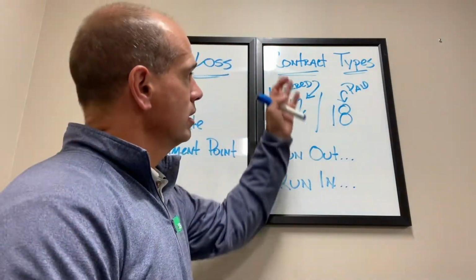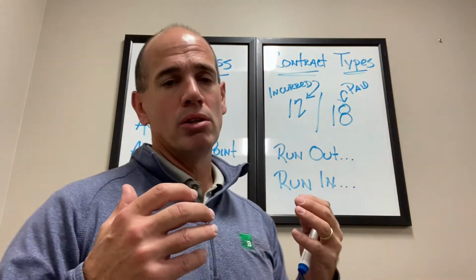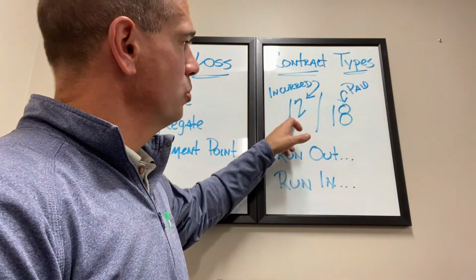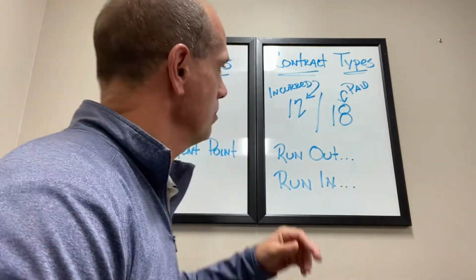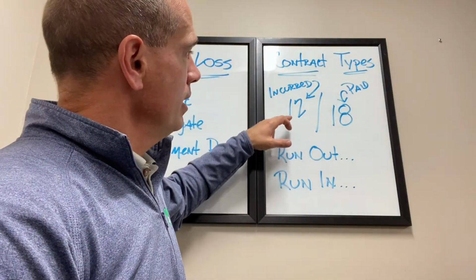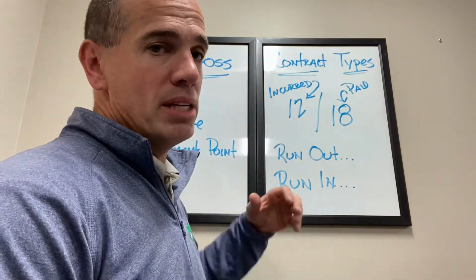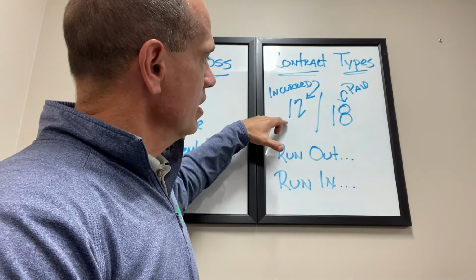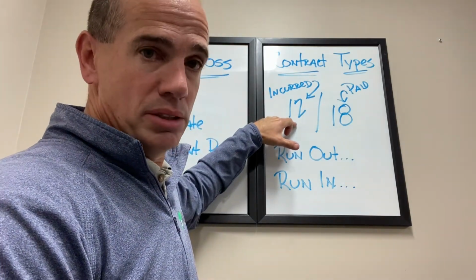So a couple of contract types: you can set up different types of incurred and paid contracts. As an example, 12/18 is a pretty common stop loss contract for medium-sized companies. That is incurred. What that means is claims that have incurred in the first 12 months of the plan.